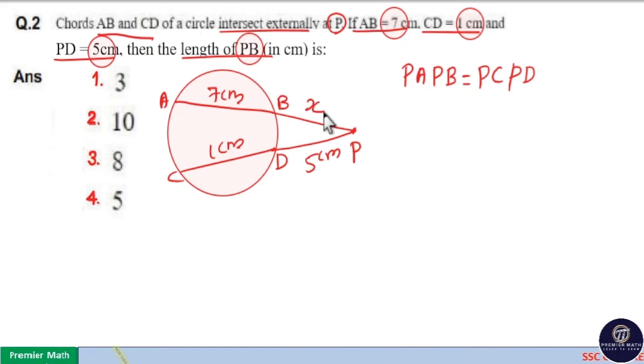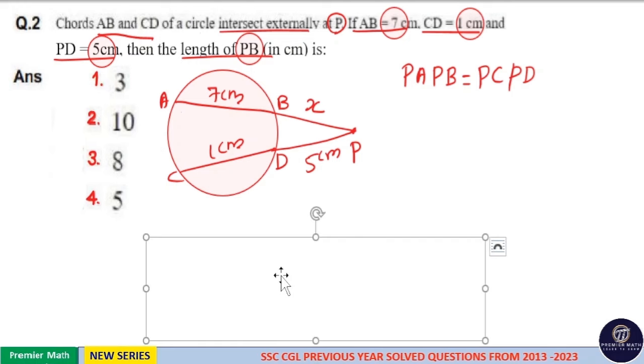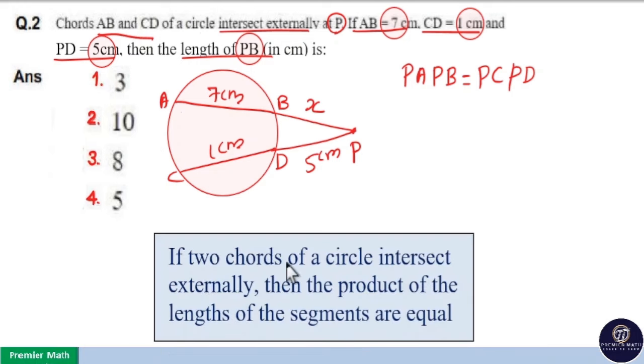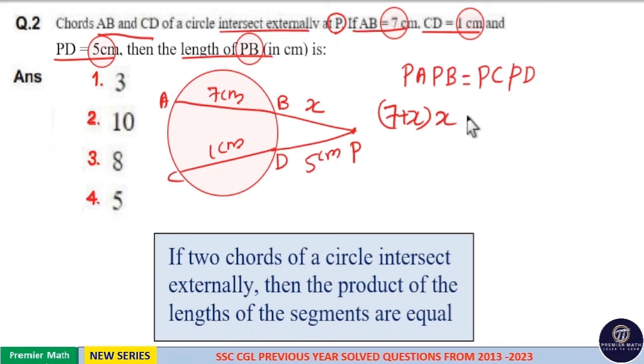Consider length of PB as x. Here, this is the concept used. So, let's find the answer. Here, PA means 7 plus x. PB means x. So, 7 plus x into x is equal to PC, which is 5 plus 1, 6, into PD equal to 5.